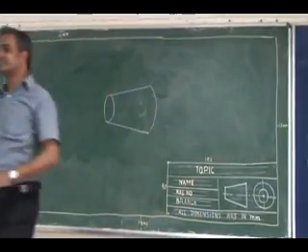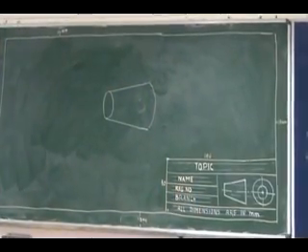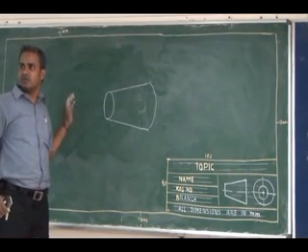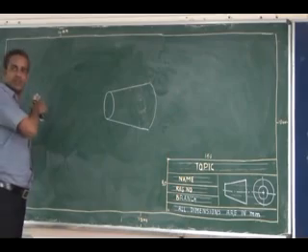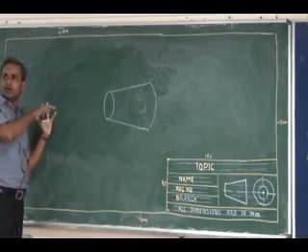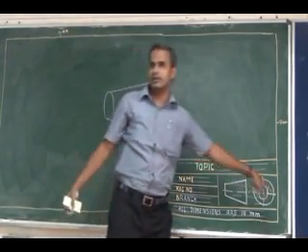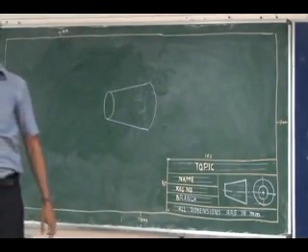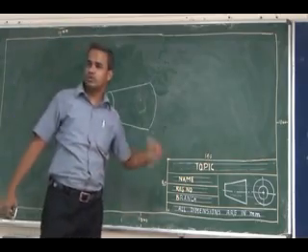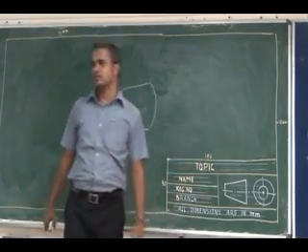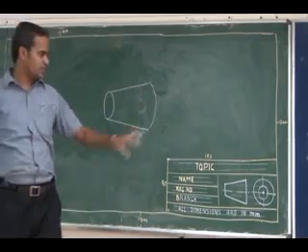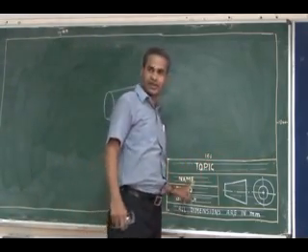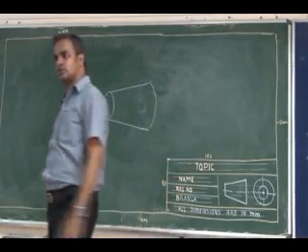This is the symbol of the first angle projection. Any side view, if I look from the left side, what I am seeing will be drawn on the right side, as per the first angle projection. We'll see that projection in detail. If the same 2 visible circles are drawn to the left side, it will be a third angle projection.